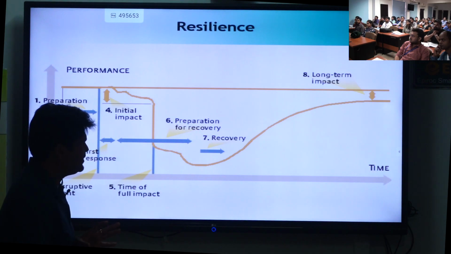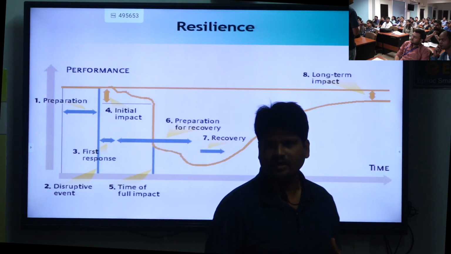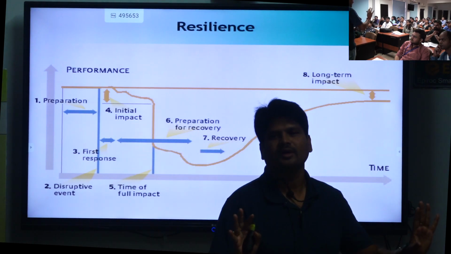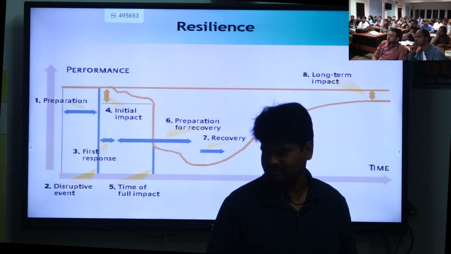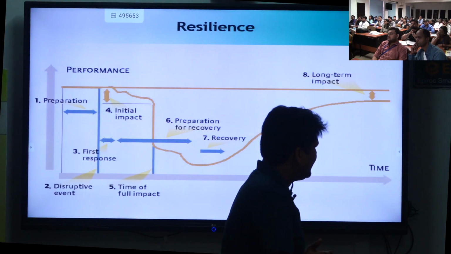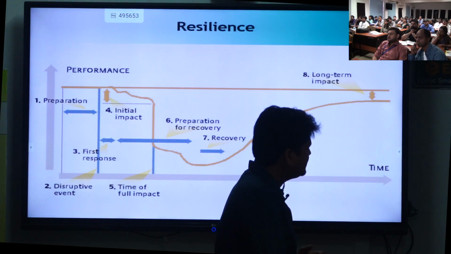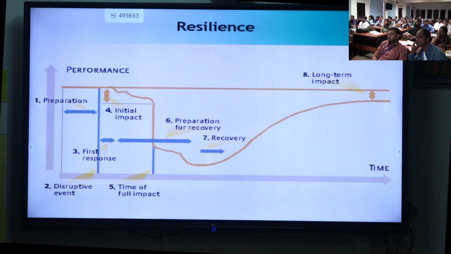Then obviously it drops, depending on the type of impact that we are talking about. It's no more actually the normal life, business as usual. Right? There is a disruption of the activities, right? It drops. And by the time the full impact happens, a tsunami, when it happens, basically it's not just the first wave.